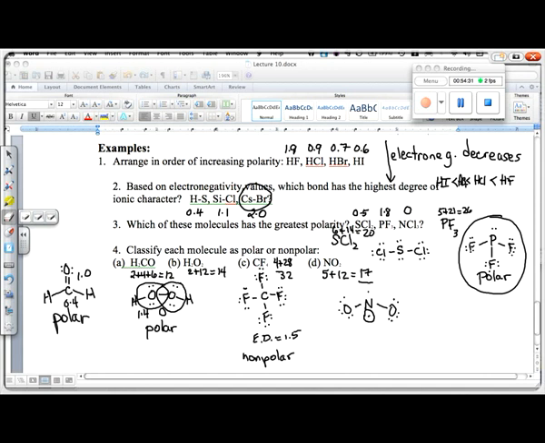So I'm going to erase lone pair off of each, and I'll put a double bond here. 2, 4, 6, 8, 10, 12, 14, 16, 17. Odd number of electrons. We have resonance here.